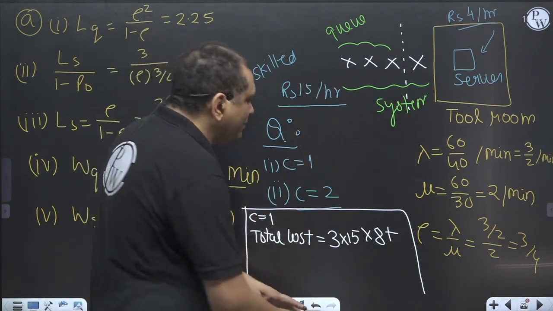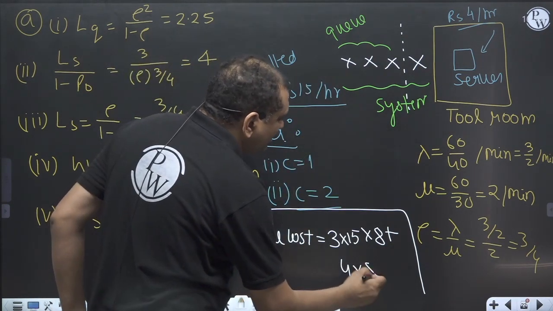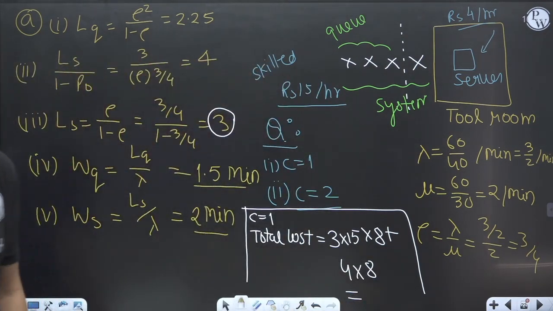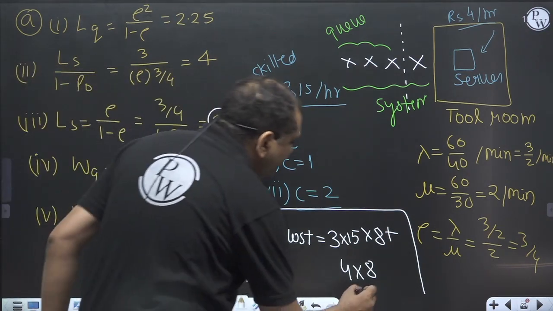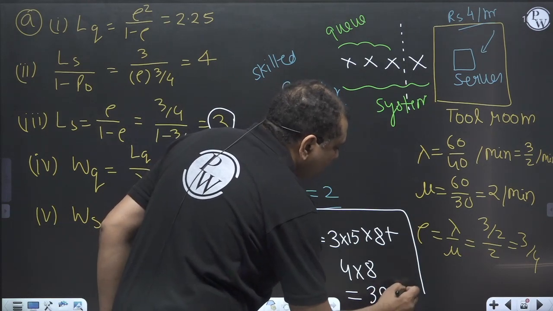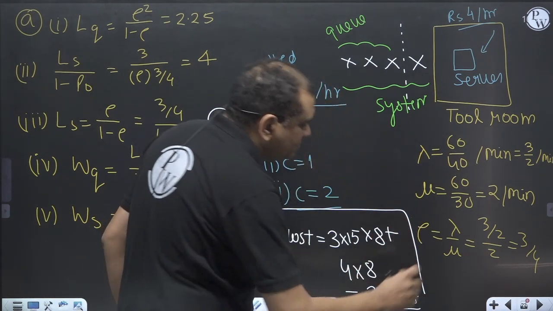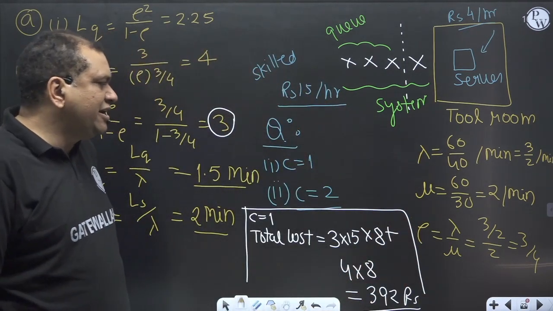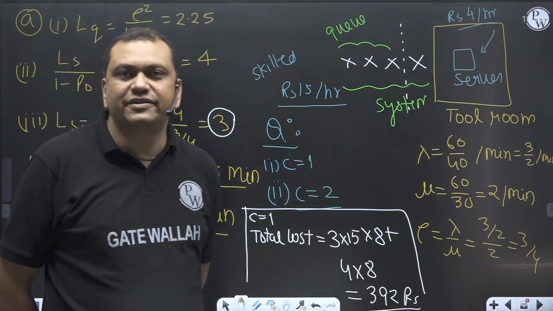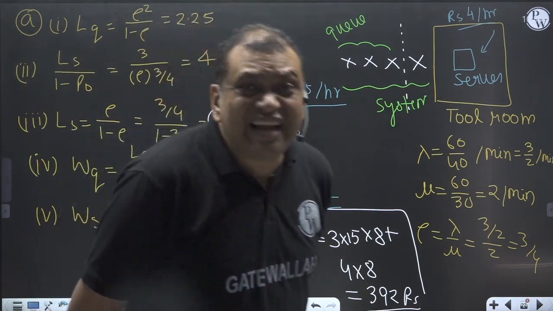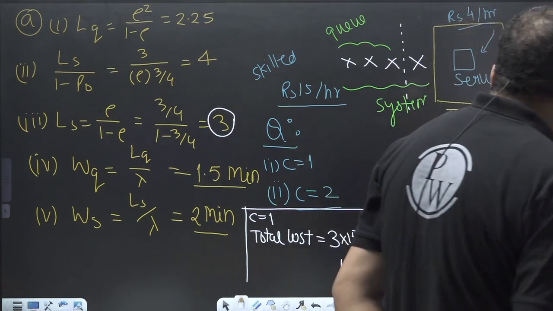And how much am I paying to the tool room attendant? This much. So it is 392 rupees. Presently 392 rupees are going from my pocket.